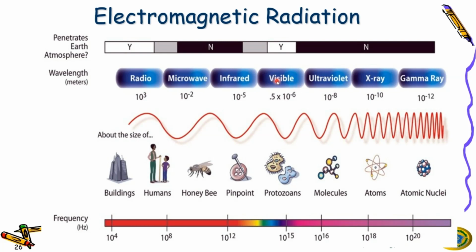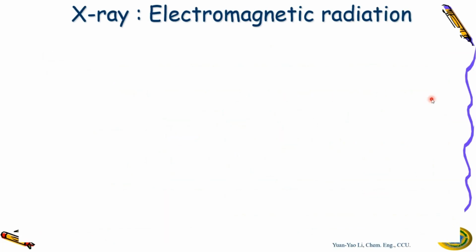And you can use the Planck-Einstein equation to convert wavelength to energy. After visible light you go to ultraviolet, then soft X-ray and hard X-ray, and after that is gamma ray, which is very dangerous and harmful for human beings. X-ray is also harmful. So X-ray is a type of electromagnetic radiation.